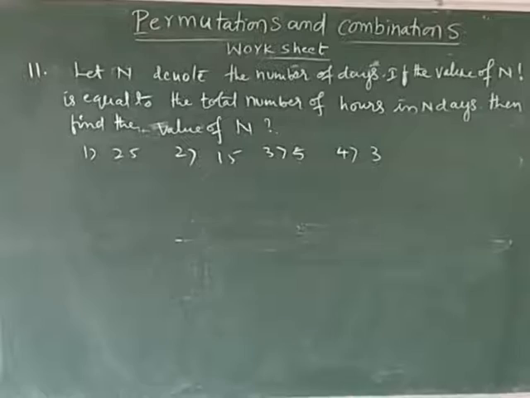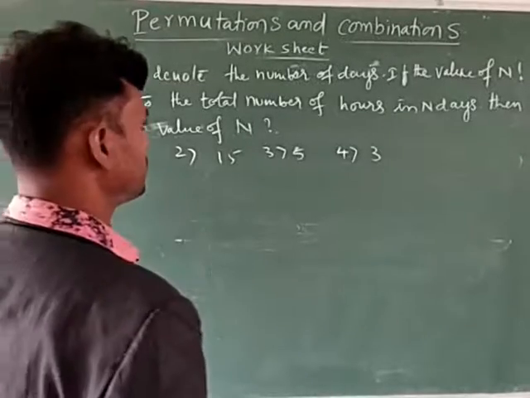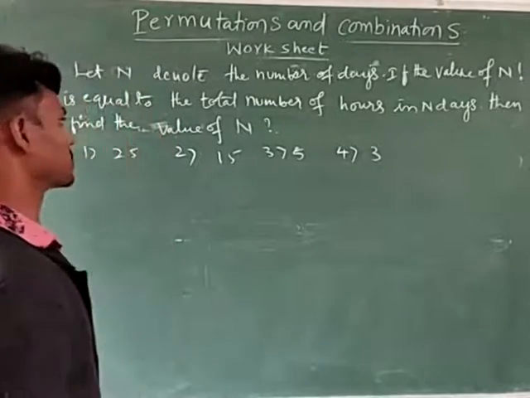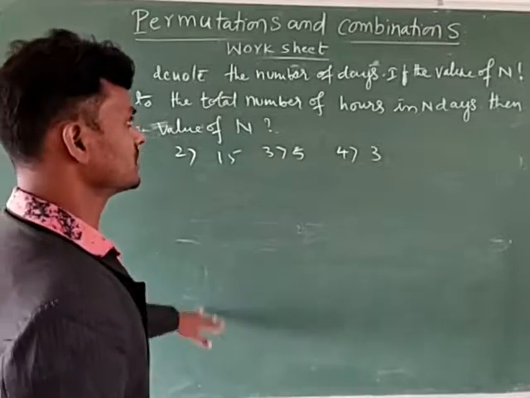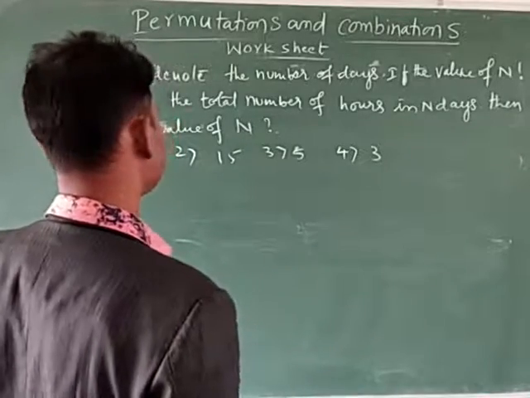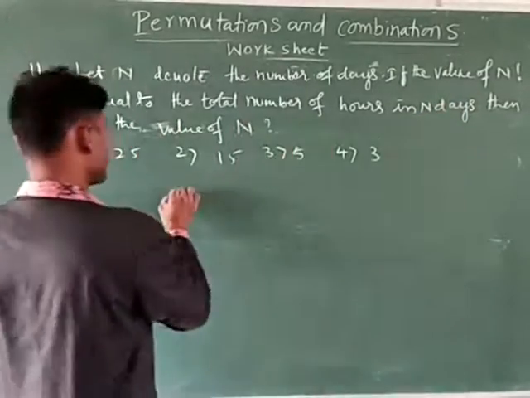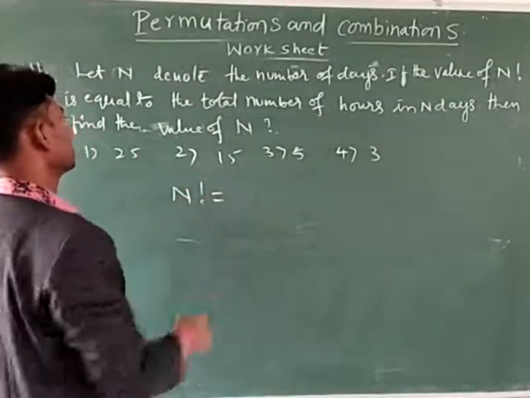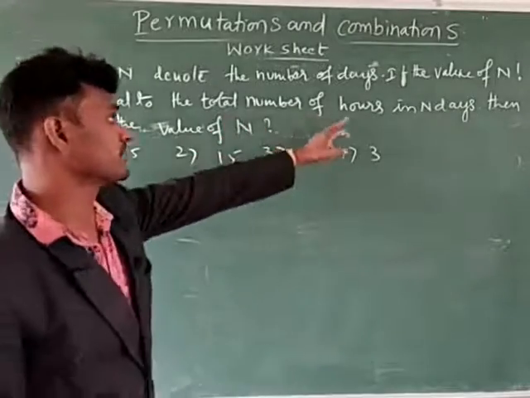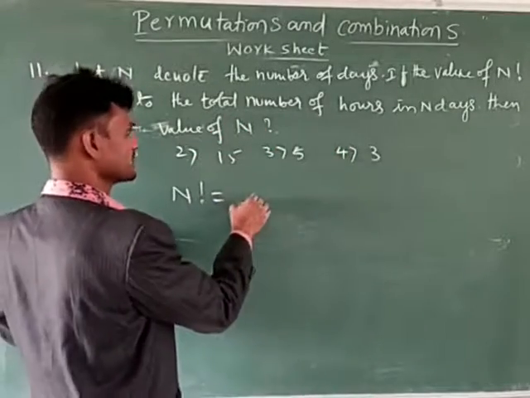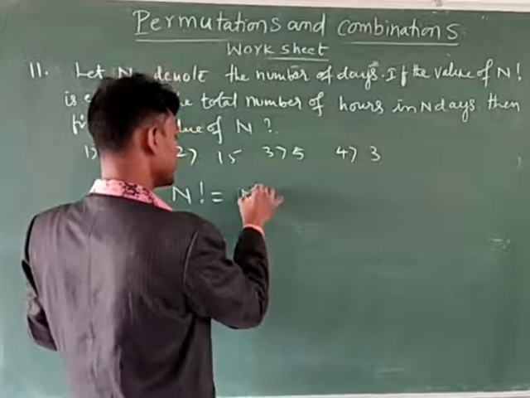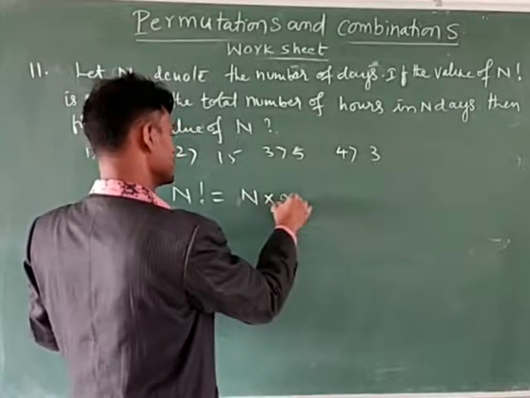Next problem, let n denote the number of days. If the value of n factorial is equal to the total number of hours in n days, then find the value of n. It is also a very easy question. Here it is given that n factorial is equal to the total number of hours in n days, that is n into 1 day, how many hours? 24 hours.